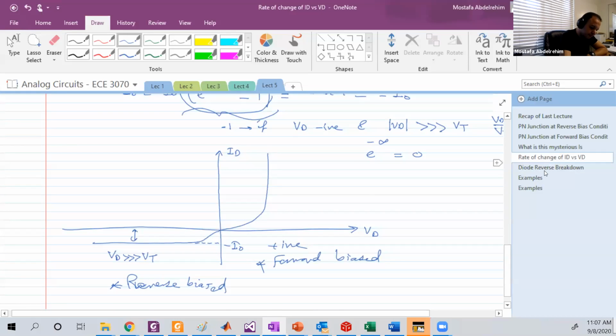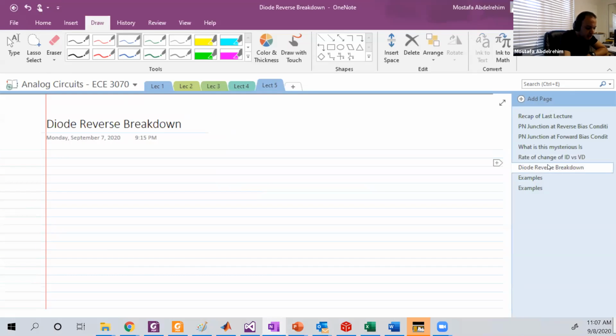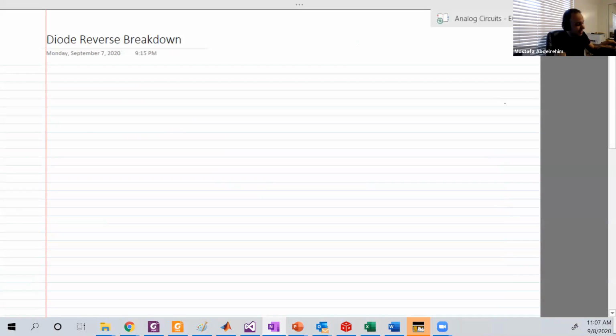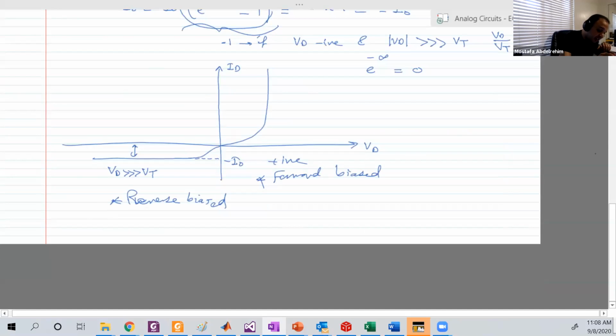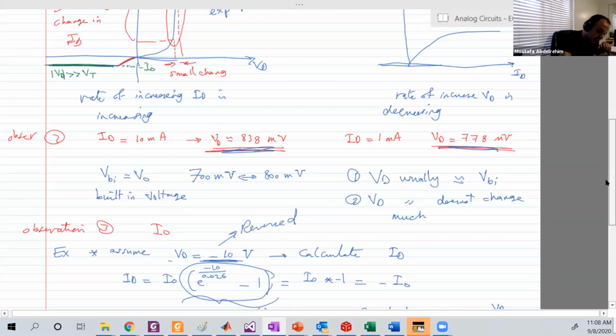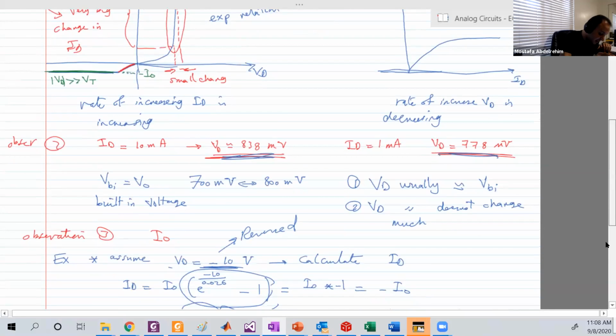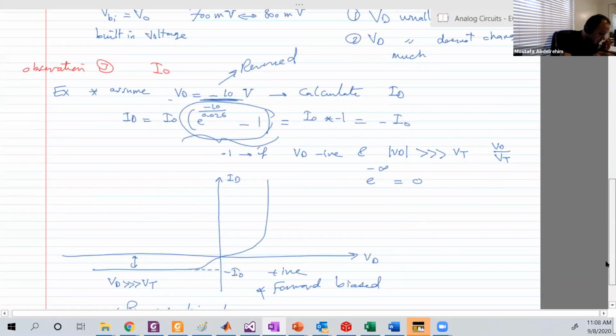Oh, I'm sorry, just one final remark before going to the example. This is also physics. Let's go back here, regarding I naught again.